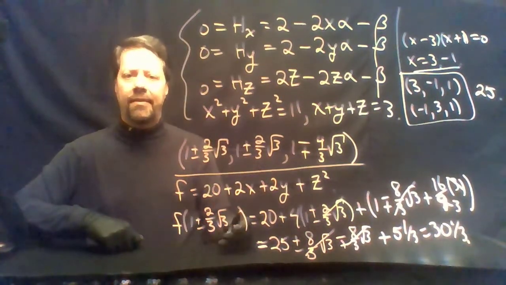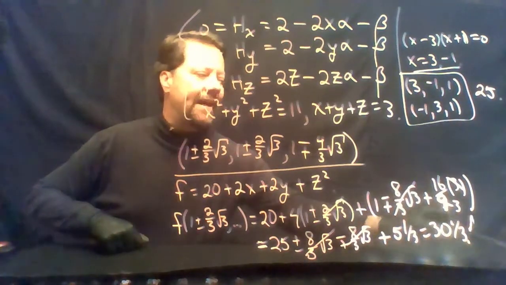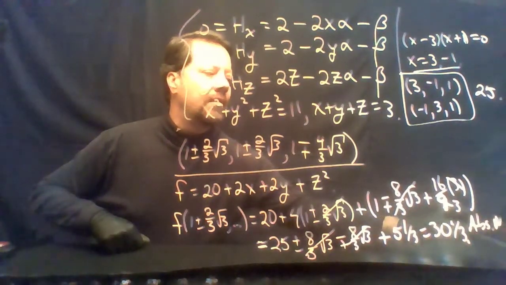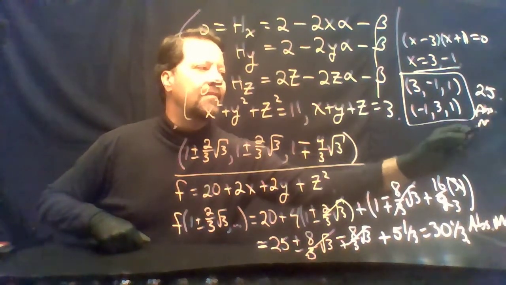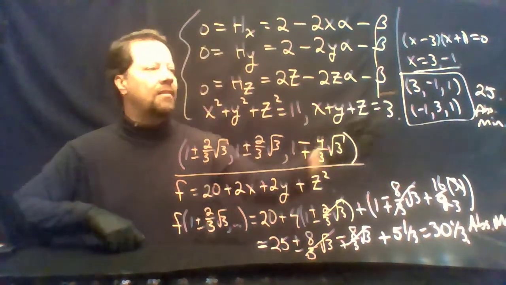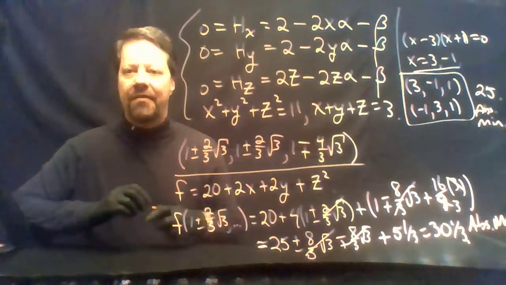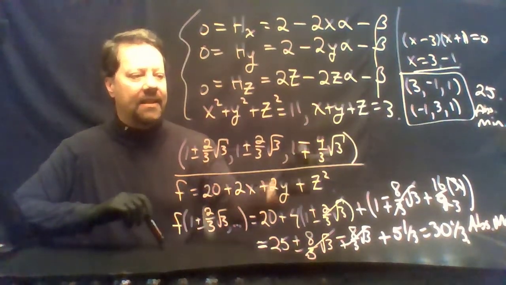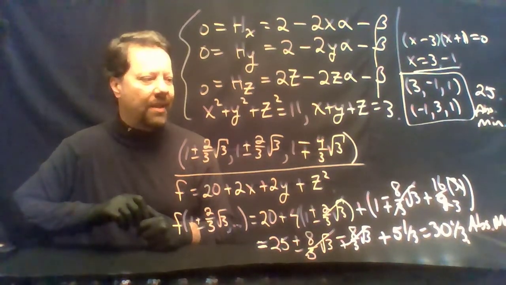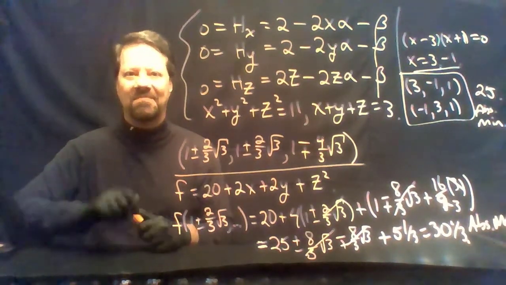We have then 30 1/3 is the absolute max, and 25 is the absolute min. The first critical points that we found are the locations of the absolute minimum, and the second pair of critical points is the location of the absolute maximum.